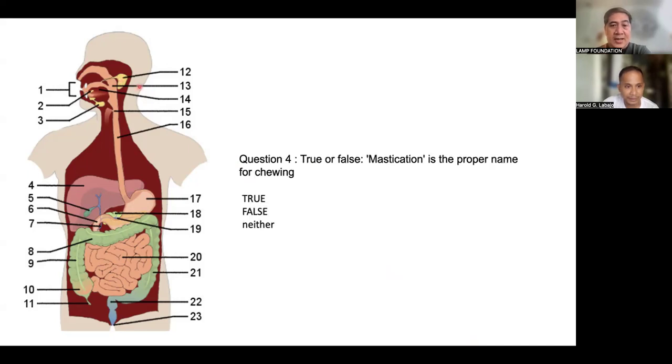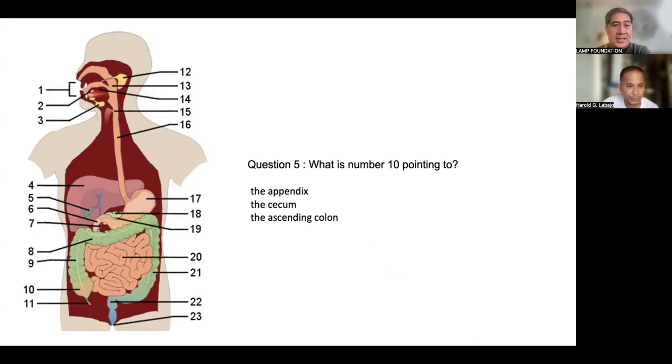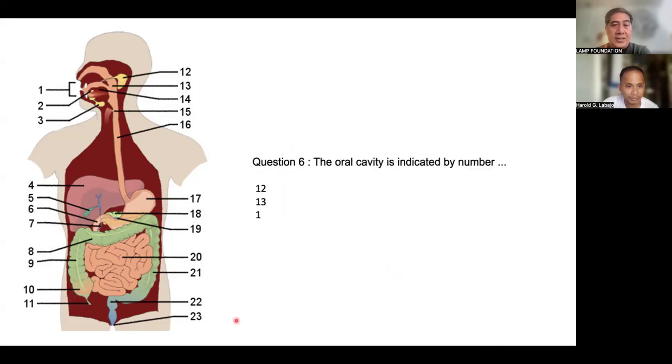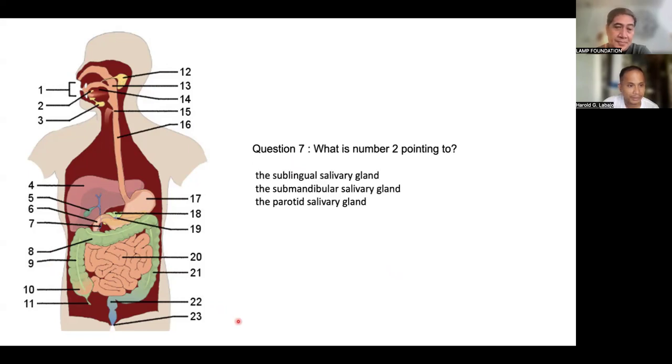True or false? Mastication is the proper name for chewing. True. What is number 10? Number 10, the cecum. Oral cavity is what number? Number 1. What is number 2? Number 2, the sublingual salivary gland.